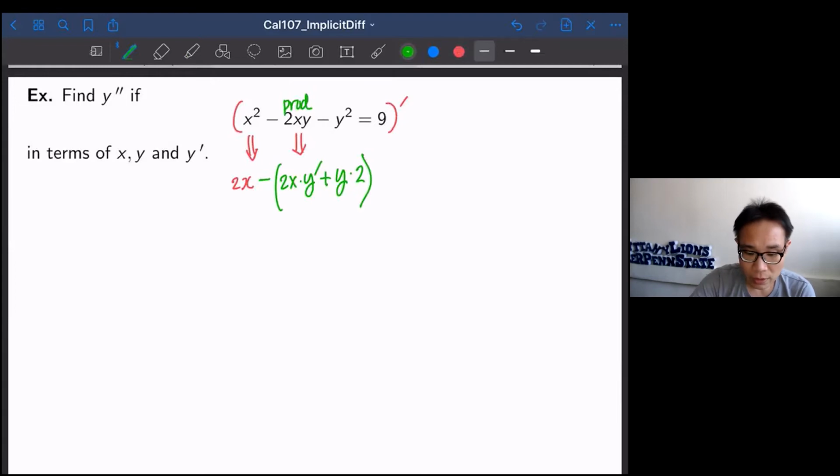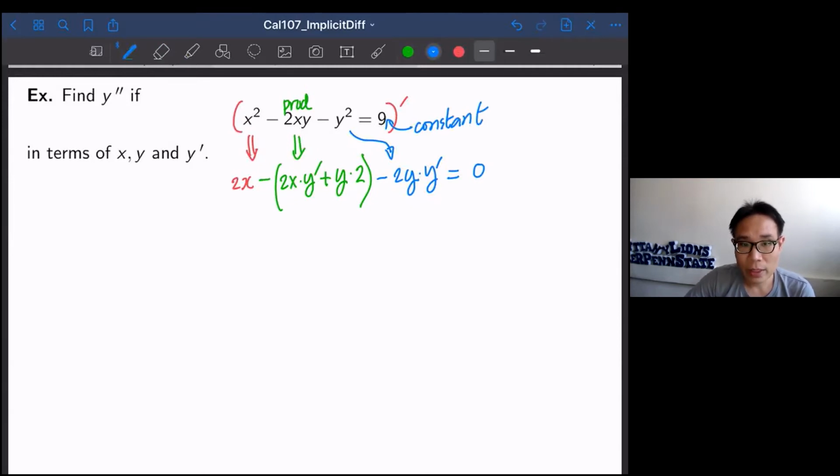For the third term, you have negative y squared, so it's going to be negative 2y y prime, equal to 9. You differentiate 9 also, and you get 0, since it's a constant.